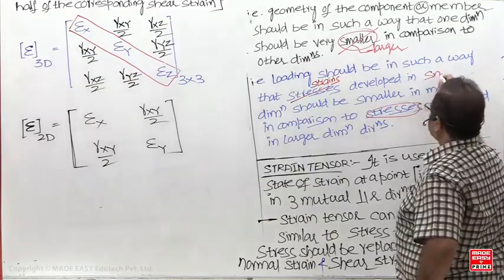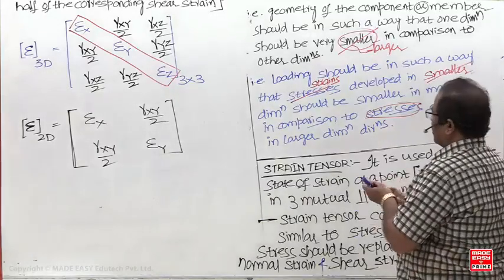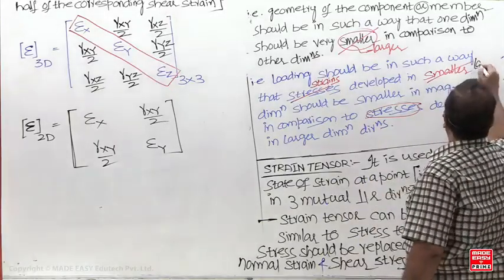In place of smaller, what change do you write down now? This should be replaced by larger dimension direction.